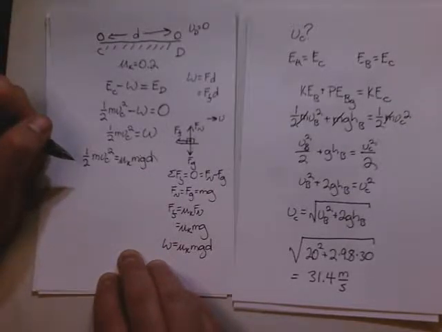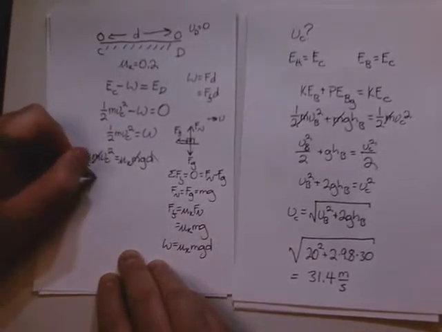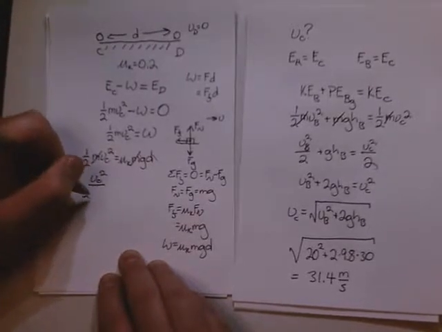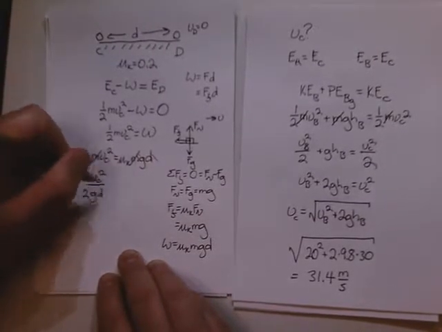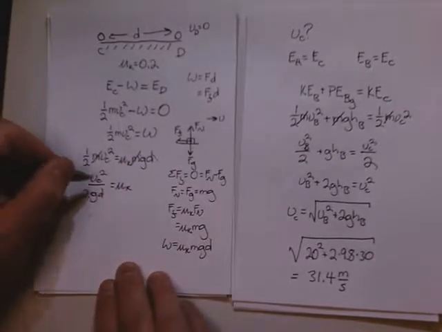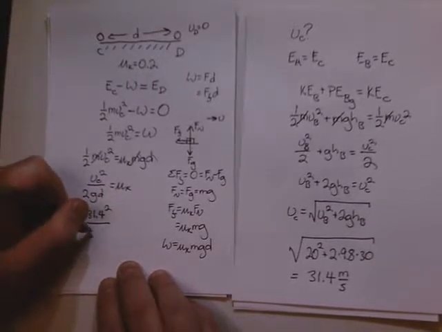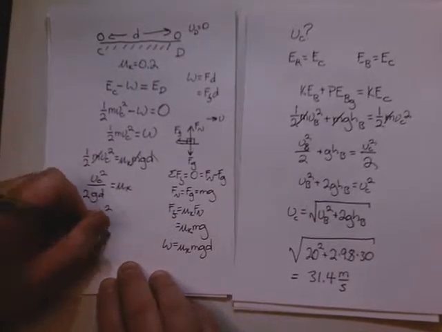Work is change of x over change in t? No. Change of x over change in t is velocity. So VC 31.4 squared. 2, 9.8.